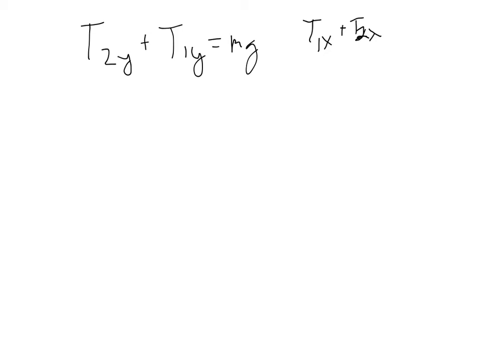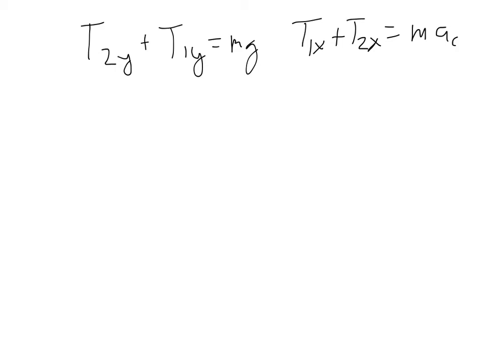Writing with this is worse than my finger, so I'm just going to use my finger. If we have T1x plus T2x, that's going to equal m a sub c, right?